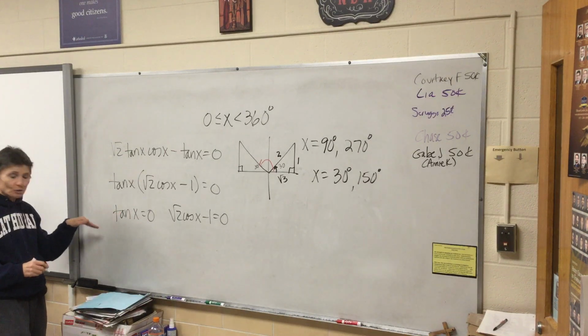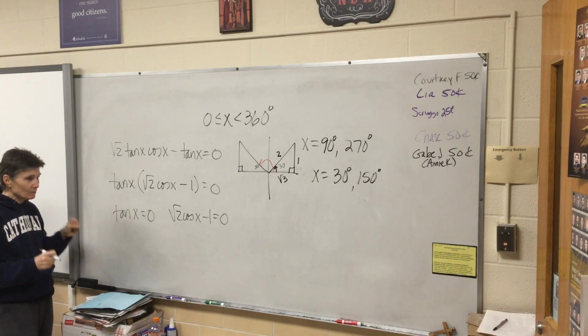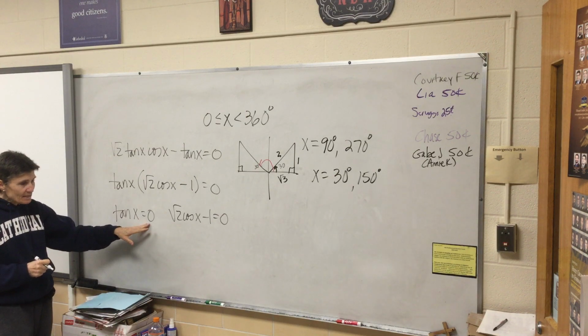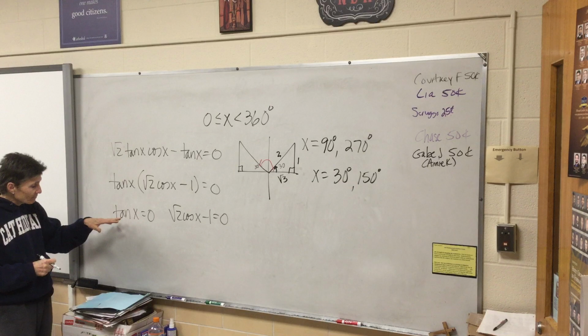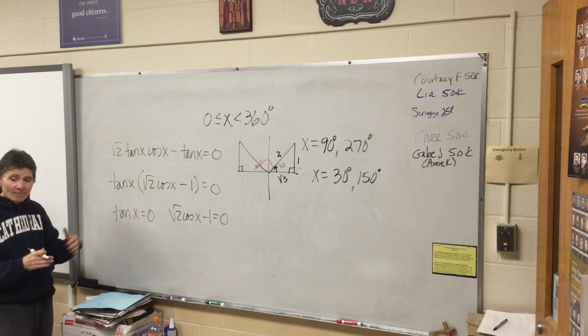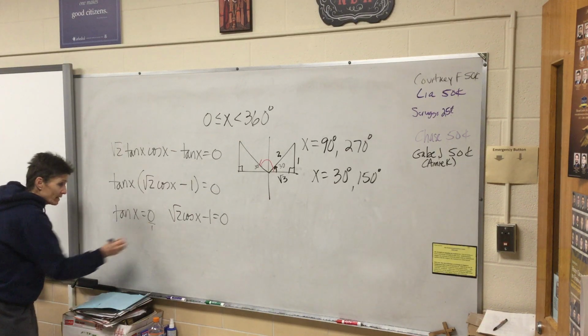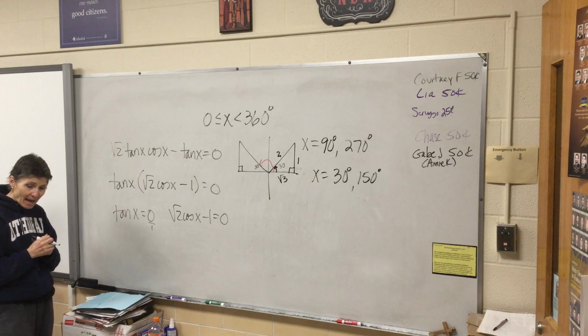Now we're back to stuff we really should already have a good handle on. When a tangent equals 0, that would mean that one of the sides of the triangle would have to be 0, right? And that can't happen.